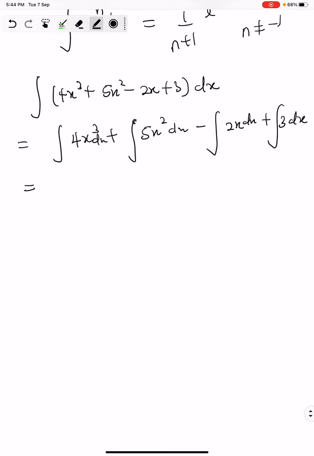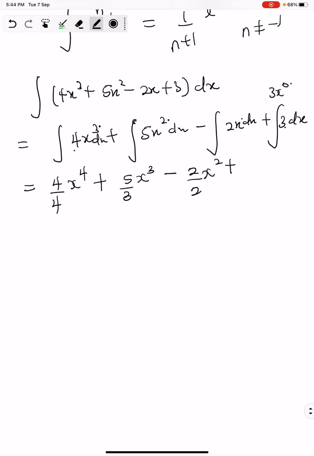So this is equal to, if I integrate, we add 1 to the power, that will be 4, and divide by the new power. So I have 4 divided by 4, x to the power 4, plus, we now add 1 to the exponent, that will be 3, and divide by it. So I have 5 over 3 x to the power 3, minus, I add 1 to the power, 1 plus 1, that will be 2, so I have 2 divided by 2 x to the power 2, plus 3, which is the same as 3x to the power 0.